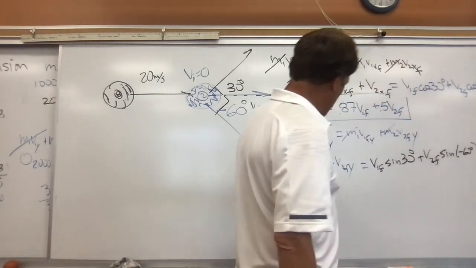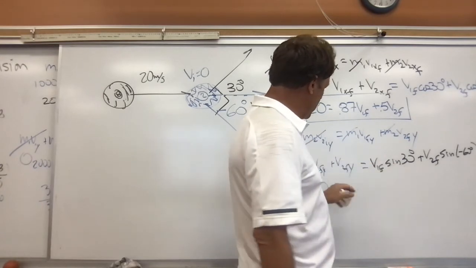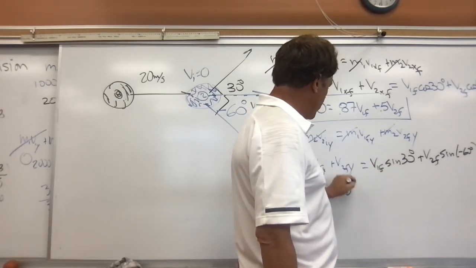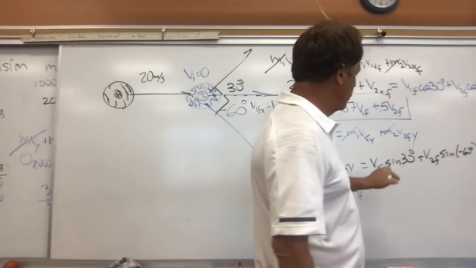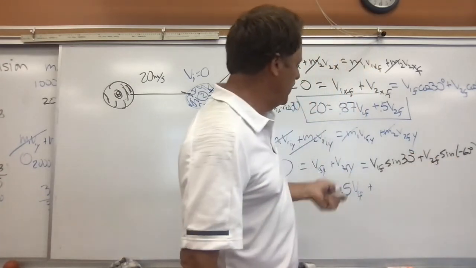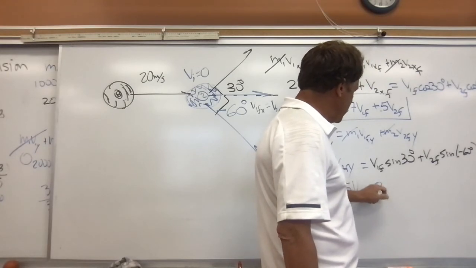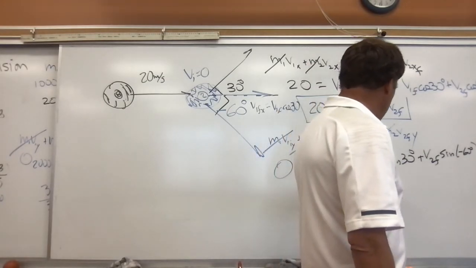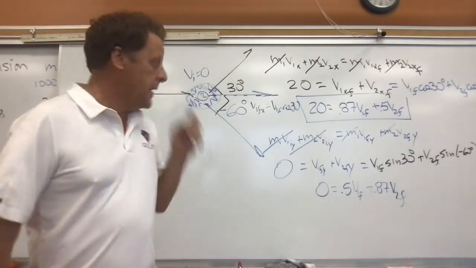Down here, we're going to have 0 is equal to, the sine of 30 is 0.5, 0.5 v1 final plus the sine of negative 60 is negative 0.87 v2 final.